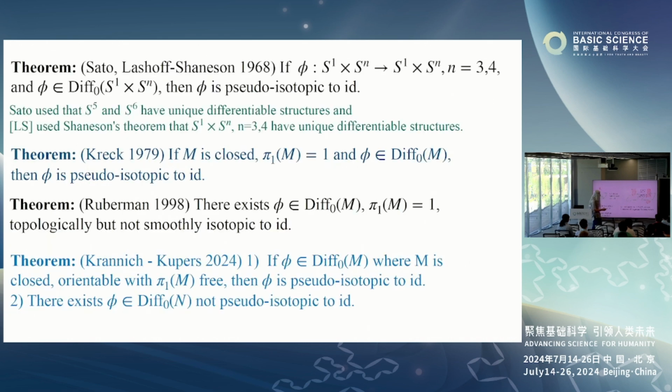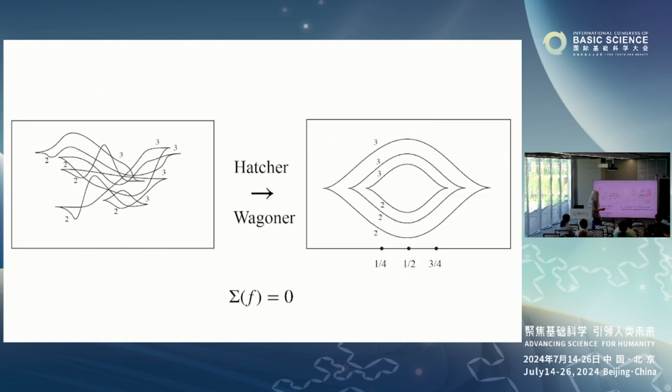But in the end, you literally arrive here, and everything's back to geometric delta ij. So that's sort of an idea of what happens in this Hatcher-Wagoner situation.